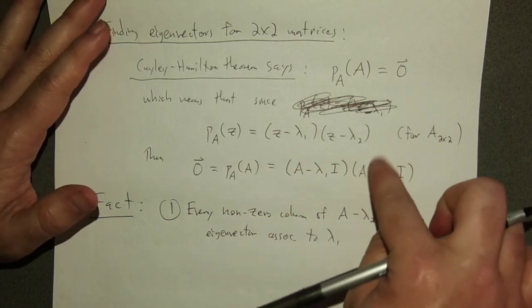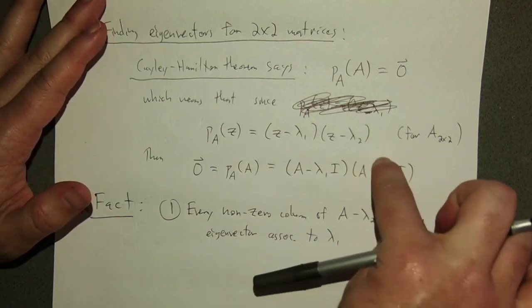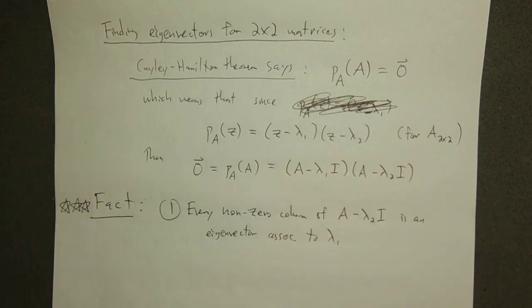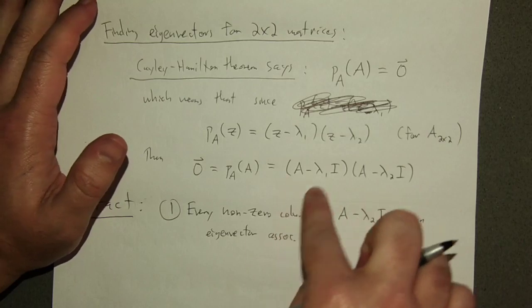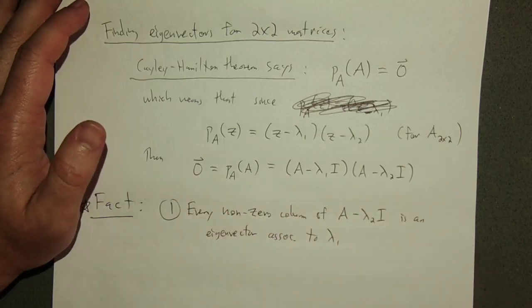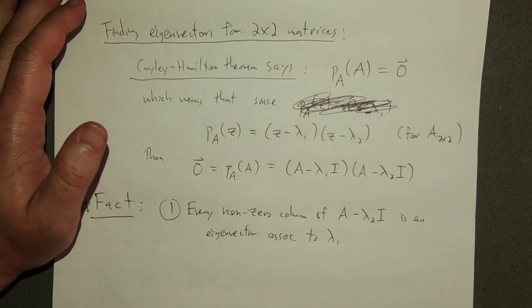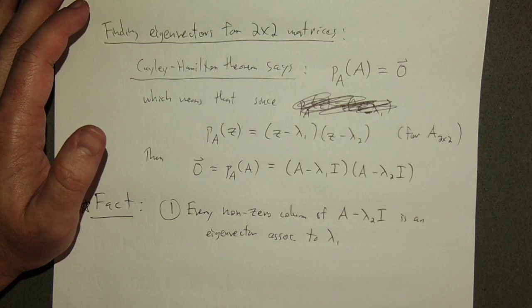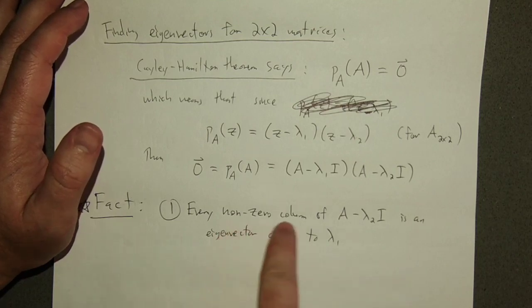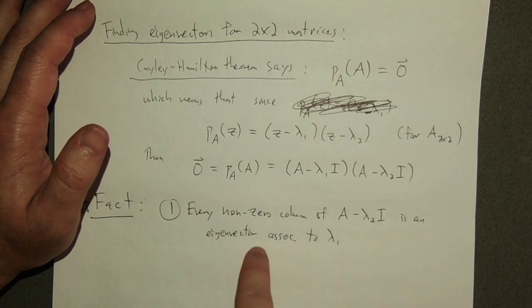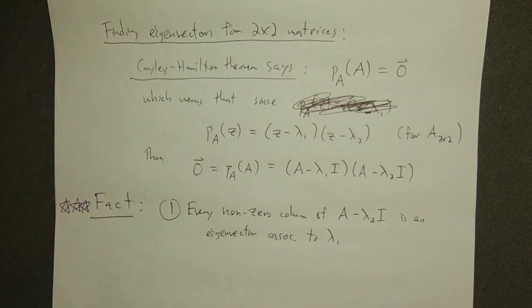Why? Every non-zero column here is some vector that when I multiply on the left by A minus lambda sub 1 I, I get 0. But that's exactly the condition for a vector to be an eigenvector associated to lambda sub 1. So every non-zero column of A minus lambda sub 2 I is an eigenvector associated to lambda sub 1.